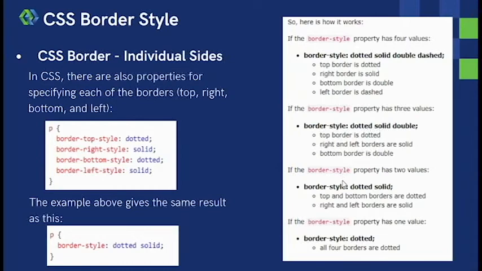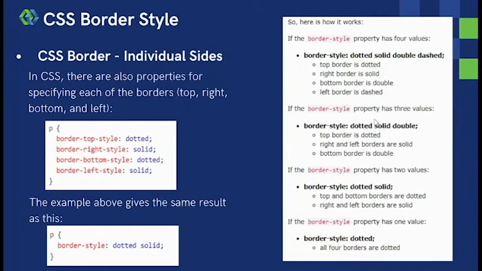So if there are only two values, top and bottom are the same, right and left are the same. If there are only three, top is first, then right and left are partners, and the bottom is the third. And if it has one value, all four borders are dotted.